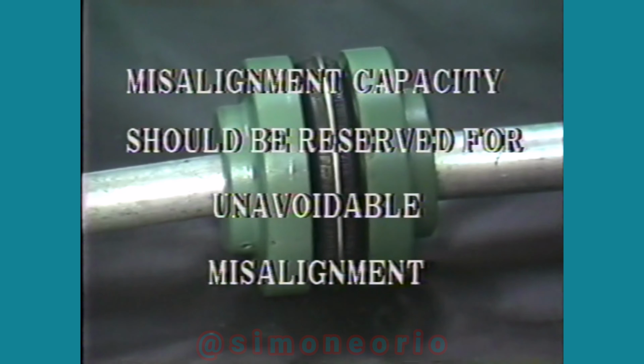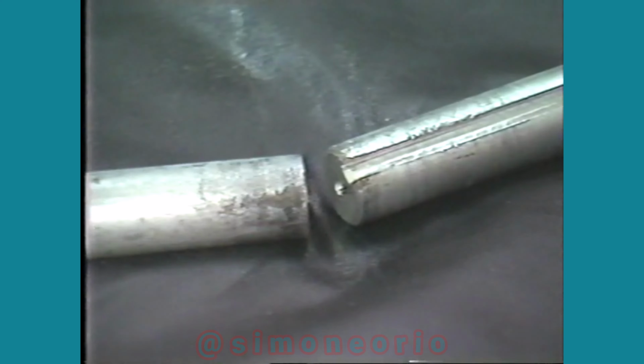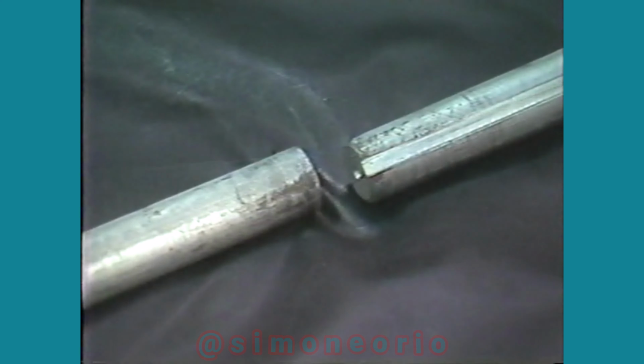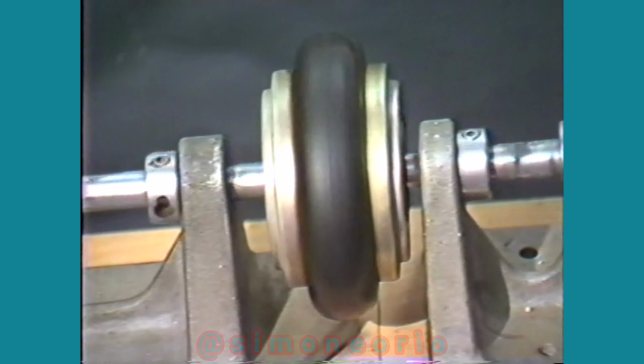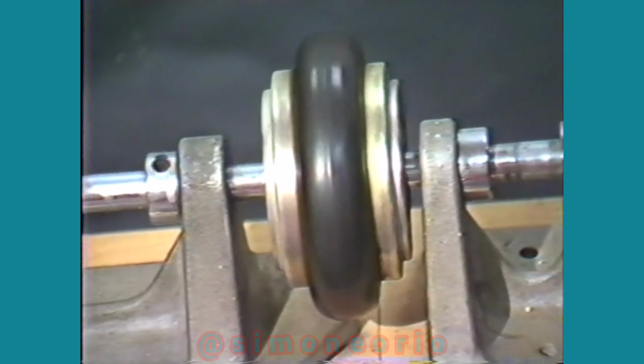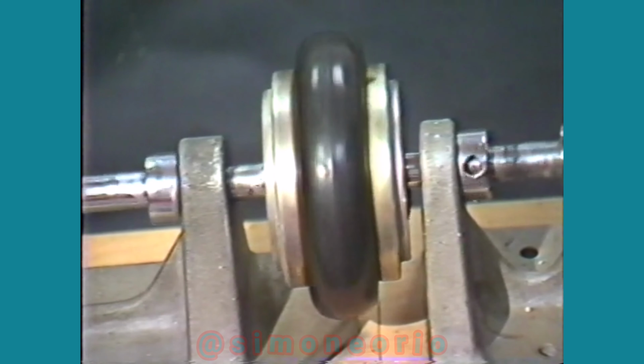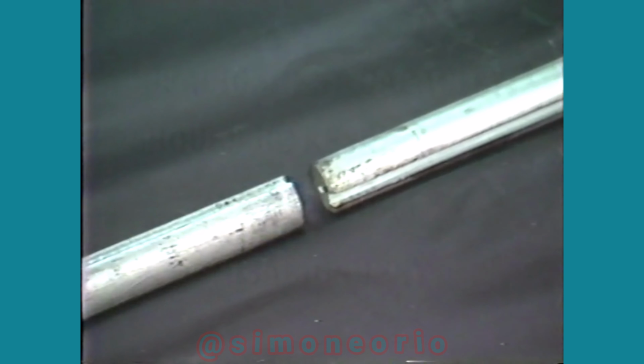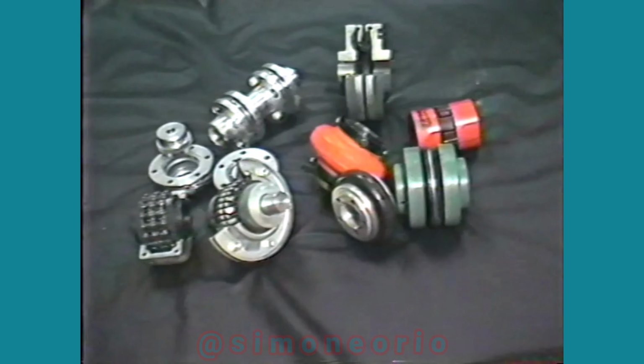The ability of a coupling to accommodate misalignment should be reserved for unavoidable changes in the relationship of one shaft to the other. The two kinds of misalignment they accommodate are angular and parallel misalignment. Some flexible couplings have the capacity to dampen vibration and absorb shock, as well as accommodate limited end float.